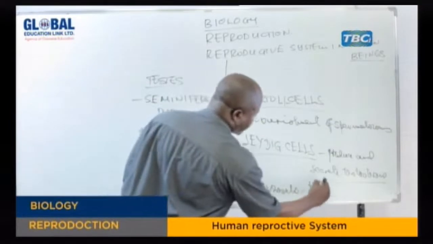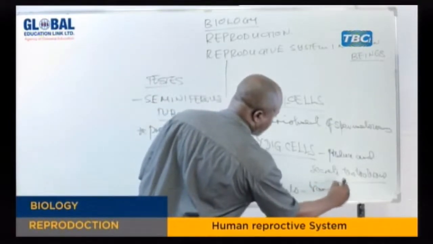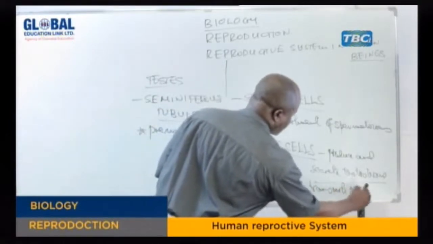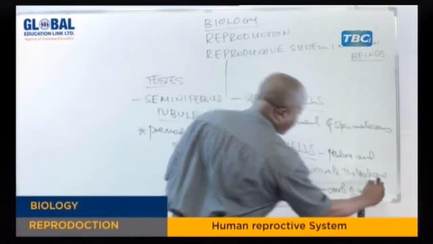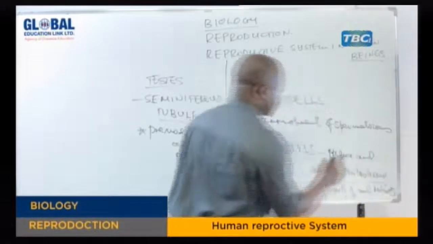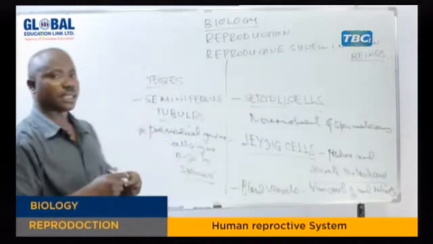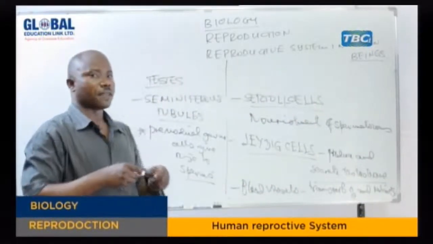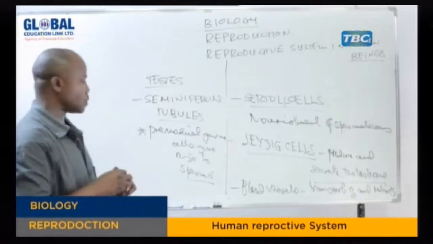These transport oxygen and nutrients, the oxygen and nutrients necessary for development of spermatozoa.